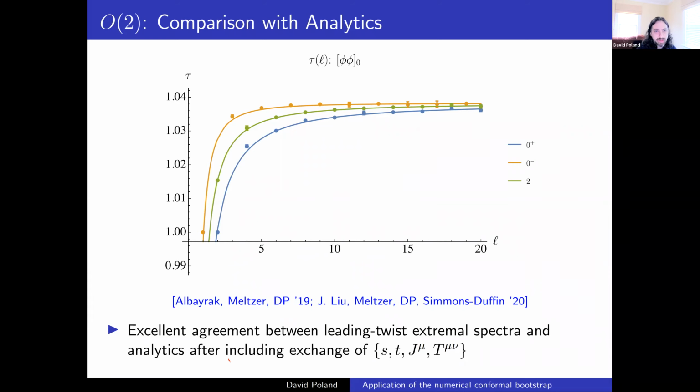And these could be compared with the analytical predictions, where you approximate this double discontinuity using some number of known contributions, like the contribution of S, T, and the O2 current and the stress tensor. So we input those contributions and compute these analytical curves, and they seem to very nicely match the trajectories of operators that you can extract using the extremal functional approach. So this is one place where there's a nice convergence between the numerical methods that we have for approximating the higher spectrum and analytical methods.